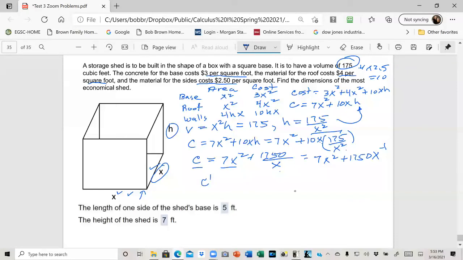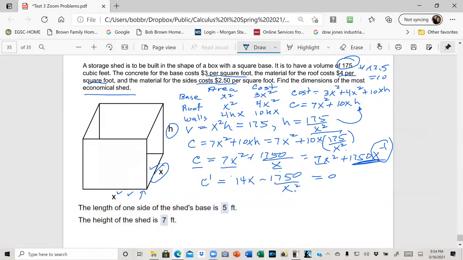Take the first derivative to see if we can find the value of x that gives the dimensions of the most economical shed to minimize the cost. And so the derivative is 14x. Notice we rewrote 1750 over x to put x to the minus 1 in the numerator, and its derivative is minus 1750 over x squared. And we set that equal to 0.